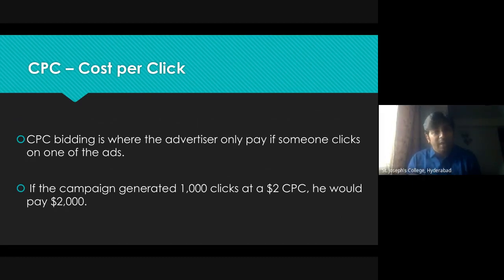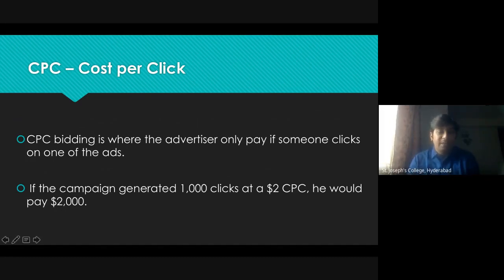So here, as expected, CPC is more expensive than CPM, and it is calculated on each click. When one clicks on one particular ad, the advertiser would be billed for each click. Remember, in CPM it is in multiples of thousand. In CPC it is for every click.